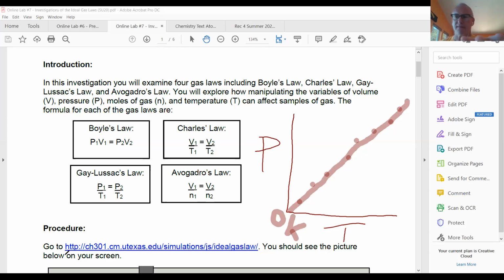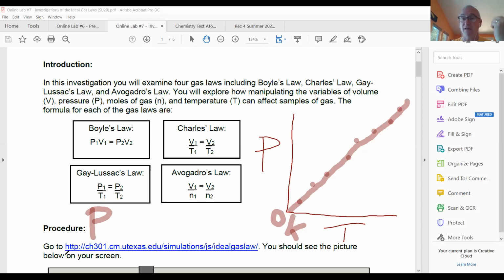Now this brings up another important thing I want to mention about gases. When we measure these things, we're going to be measuring pressure in a lot of different ways. We measure pressure in atmospheres. That makes a lot of sense because we know kind of what the pressure of one atmosphere is like.